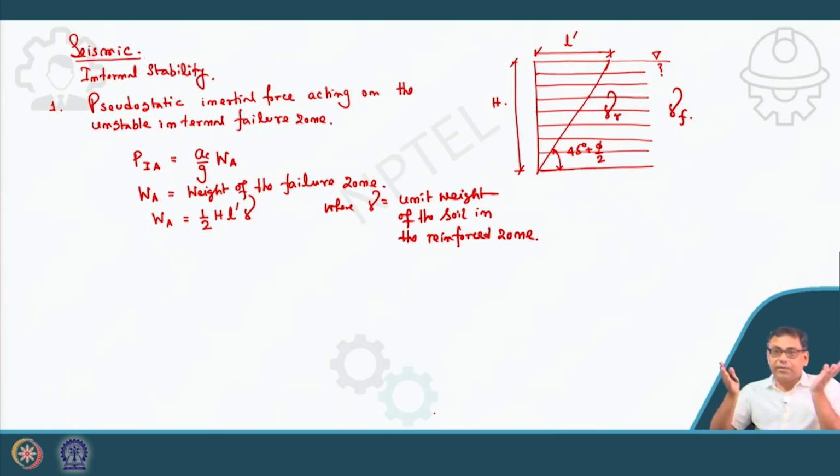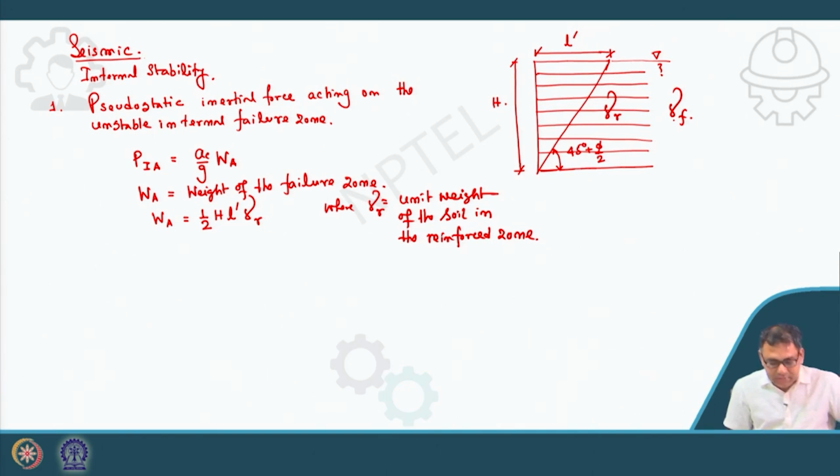So, that can be different, in both cases there can be different soil density. So, I should write this as gamma R, which is the unit weight of the soil in the reinforced zone, and this is gamma F, the unit weight of the soil in the field, that means the unreinforced zone. Clear? So, this is W_A.